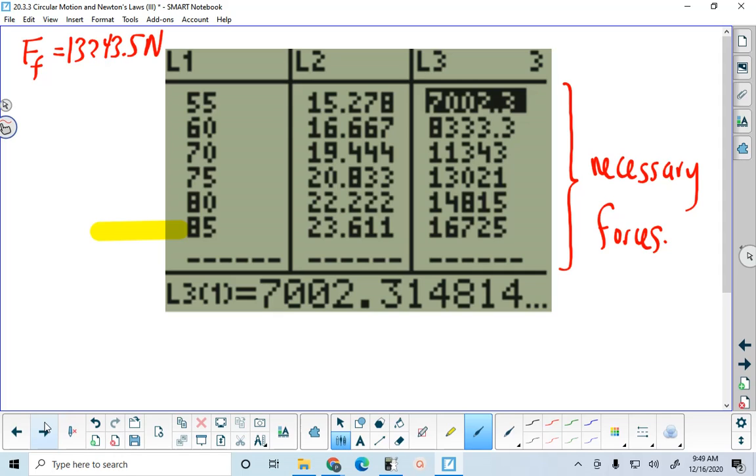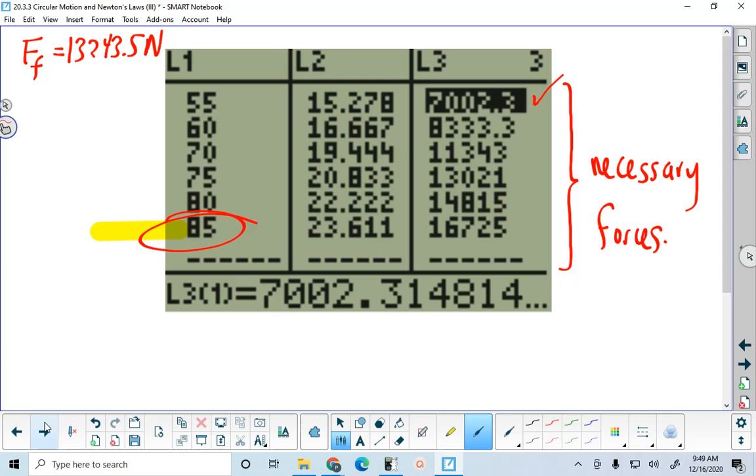Is it successful at 55 kilometers per hour? Yes, because the force of friction is more. Maybe if you're a good driver? Actually, no. It doesn't matter how good of a driver you are. If you're a good driver, you're not traveling at 85 kilometers per hour. You cannot just say, I'm a really good driver, so the laws of physics don't apply.